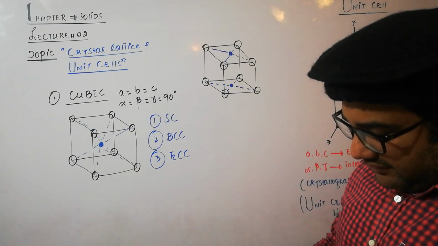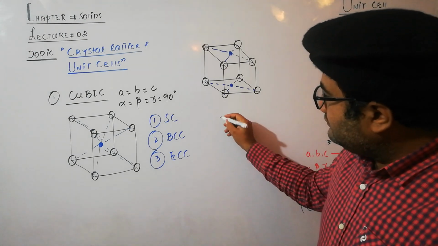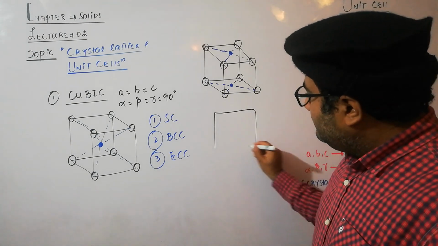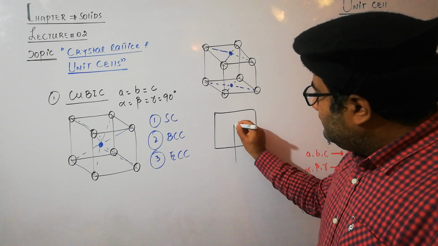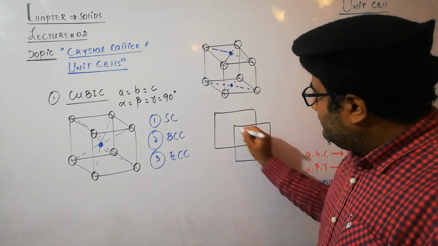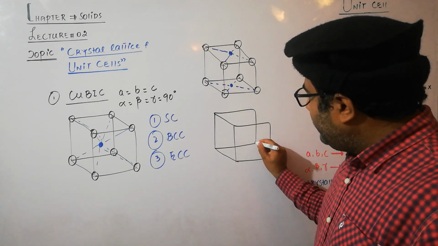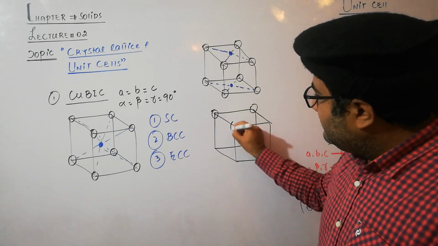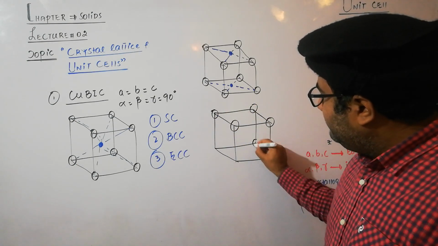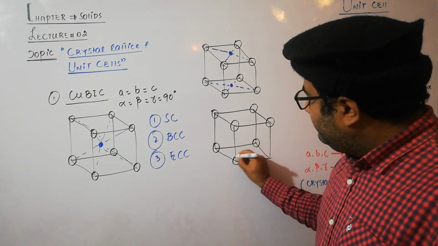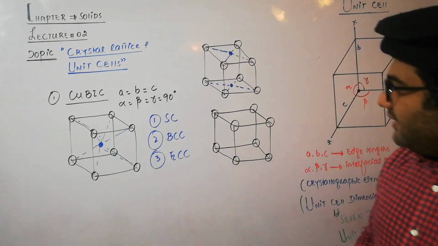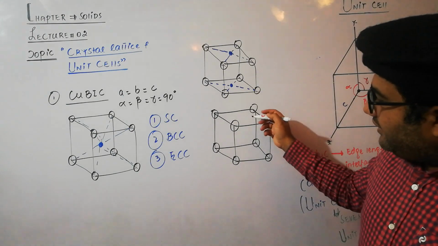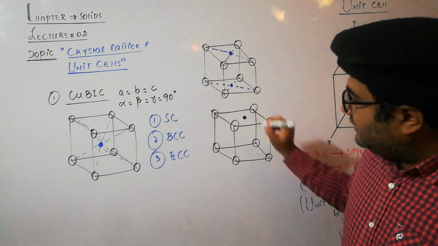And now the fourth one. In the fourth type, the lattice points are present at the corners of the cube, and also one lattice point is present at the center of each face.